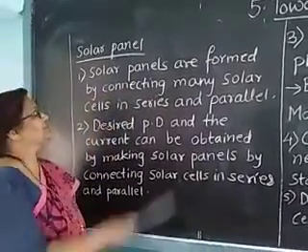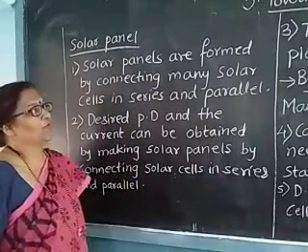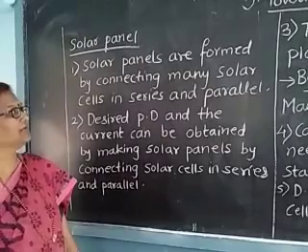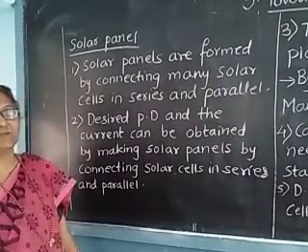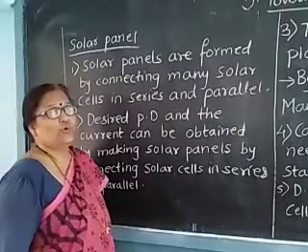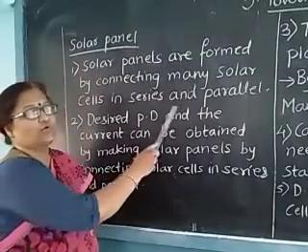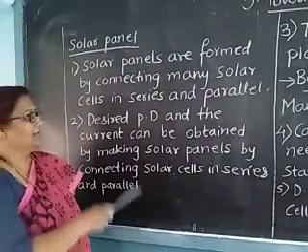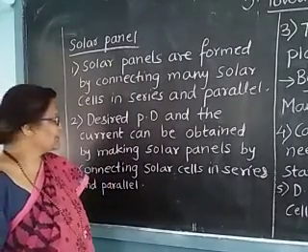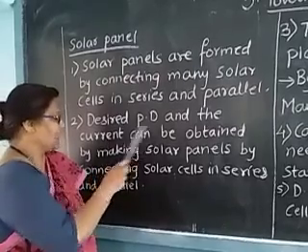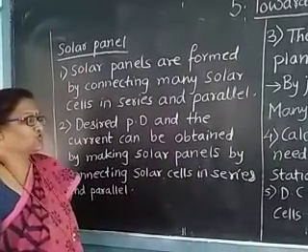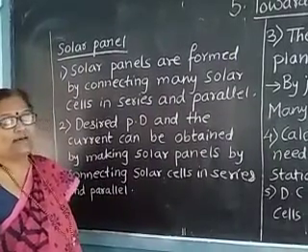Solar panels. Solar panels are formed by connecting many solar cells in series and parallel. The desired PD, that is the desired potential difference, and current can be obtained by making solar panels by connecting solar cells in series and parallel.